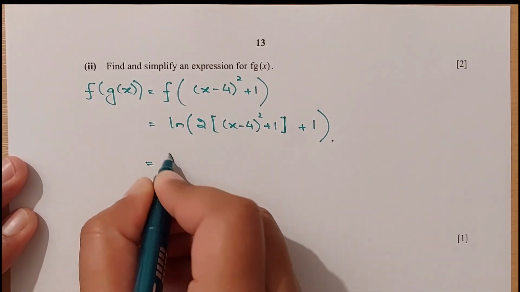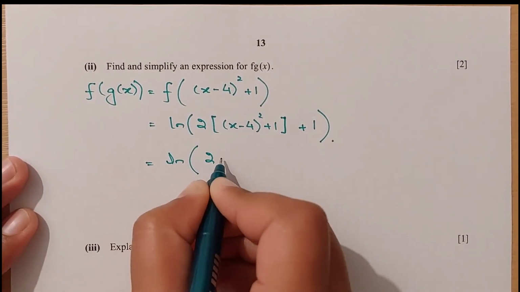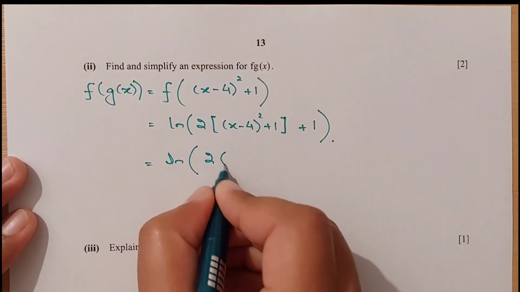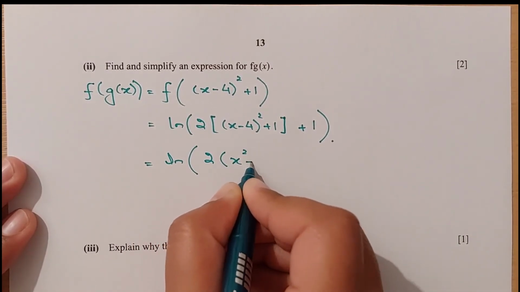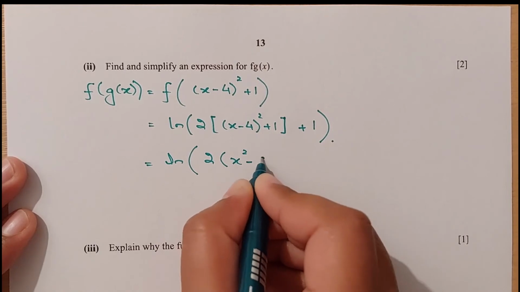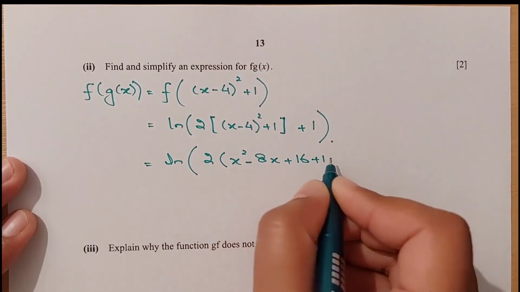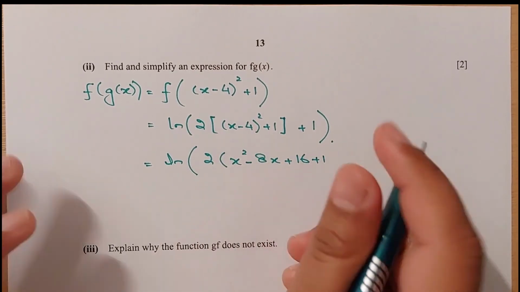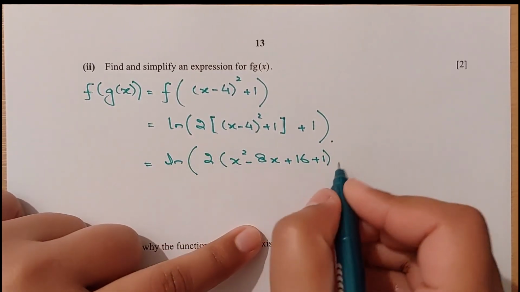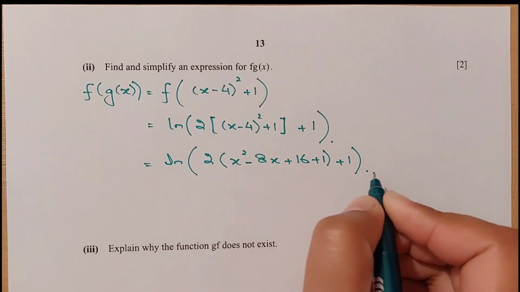So this is the natural log of 2, opening the square inside the bracket: x squared minus 2 times 4, which is 8x, plus 16, plus 1, and then plus 1 outside.